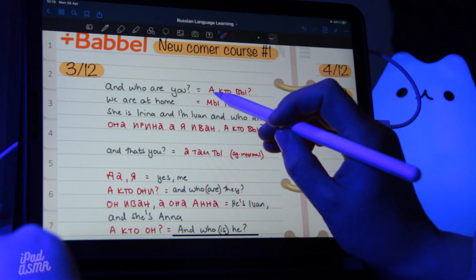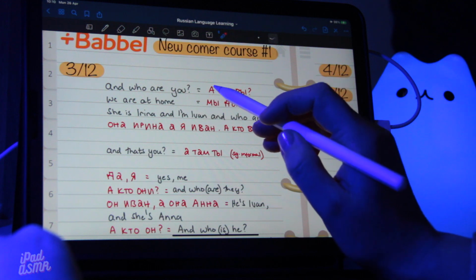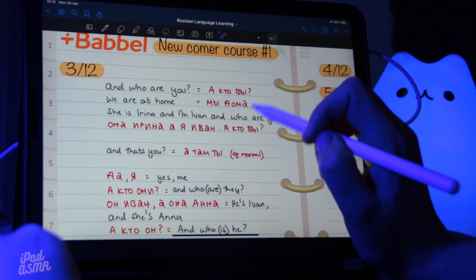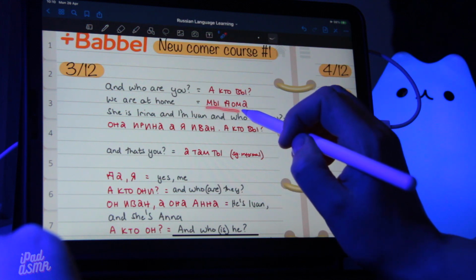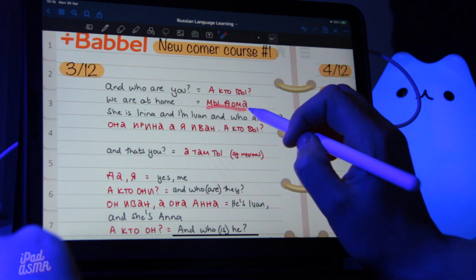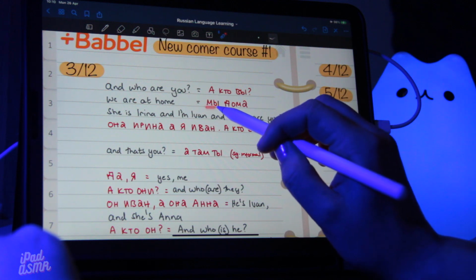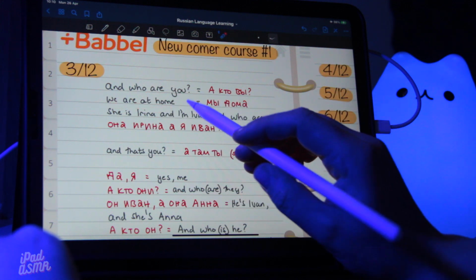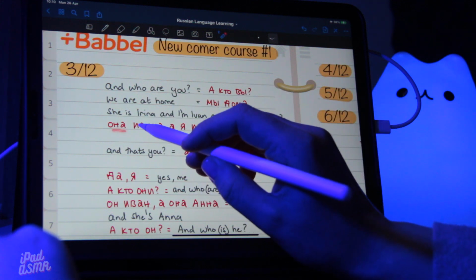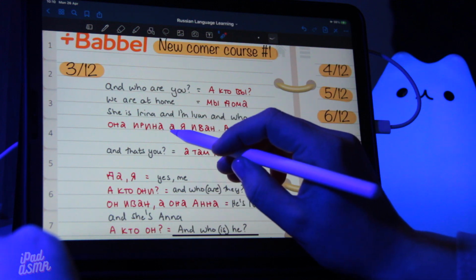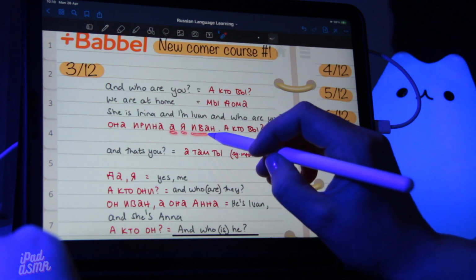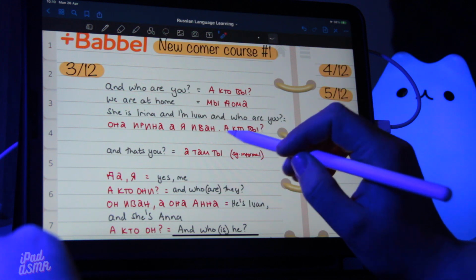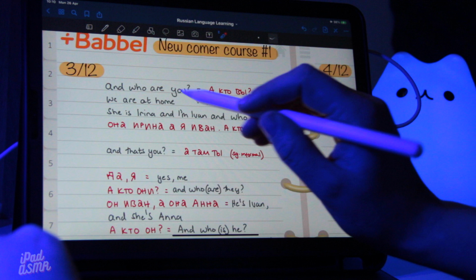Gotovy. And who are you? My doma. We are at home. Anna Irina, a ya Ivan. So it's a little bit of a long sentence, so we'll break it down.